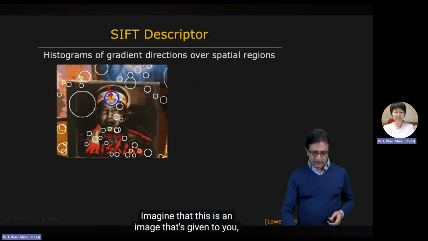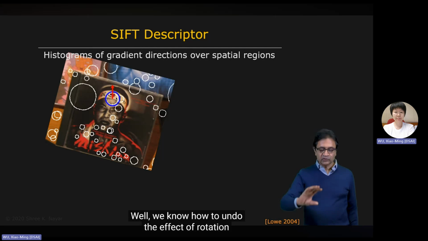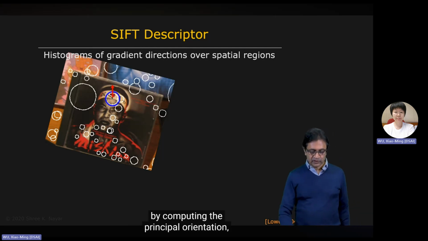So imagine that this is an image that's given to you. You apply your SIFT operator, and then you end up getting these SIFT features. And this happens to be one of them. Let's focus on this one. Well, we know how to undo the effect of rotation by computing the principal orientation.